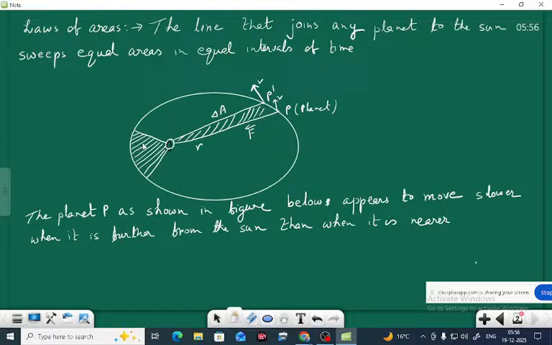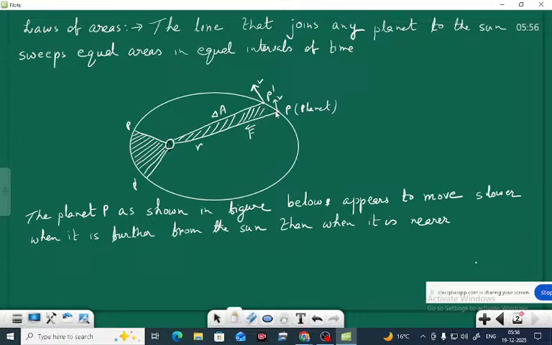You can see here, it is nearer, and it moves slower when it is farther from the Sun. It moves slower at one point and faster at this point. This is P, this is P dash. Here there is a long distance to cover from P to P dash in the same time interval, so the orbital speed of this planet will be more here.